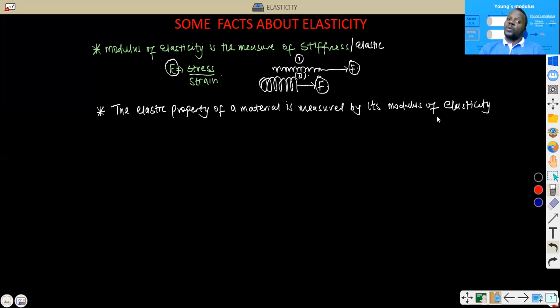I hope students understand that, which is just what I have been saying since morning. So note that if the Young modulus is high, that means it is more elastic. That is what we are saying.